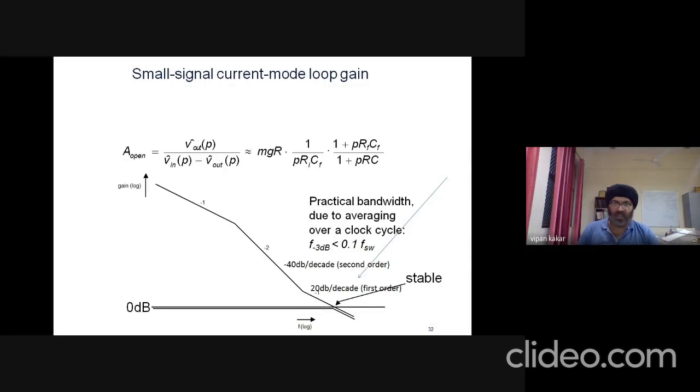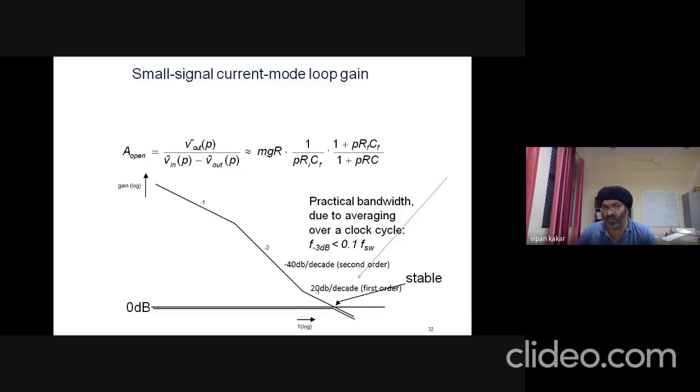And using this transfer function, by inserting an integrator, we can see that at higher frequencies the slope has now been converted into a first order system. Because it was minus 40 dB per decade, now it is minus 20 dB per decade, which is a first order system, and a first order system is always stable.